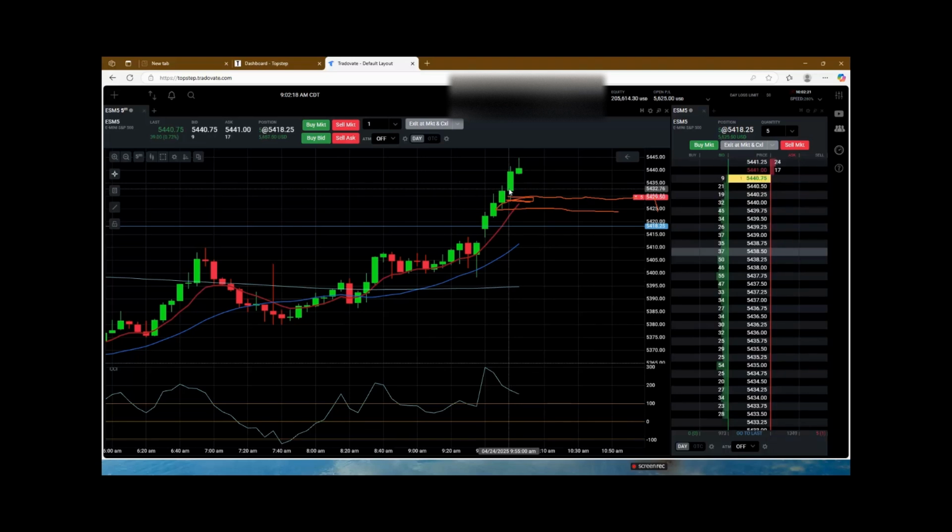So you don't want to be too close. For example, you wouldn't want to put your stop loss in the middle, because what might happen is that the price action might come down and stop you out in this area. So if you want to be conservative, you can go ahead and put it maybe somewhere in the first quarter of that candle.